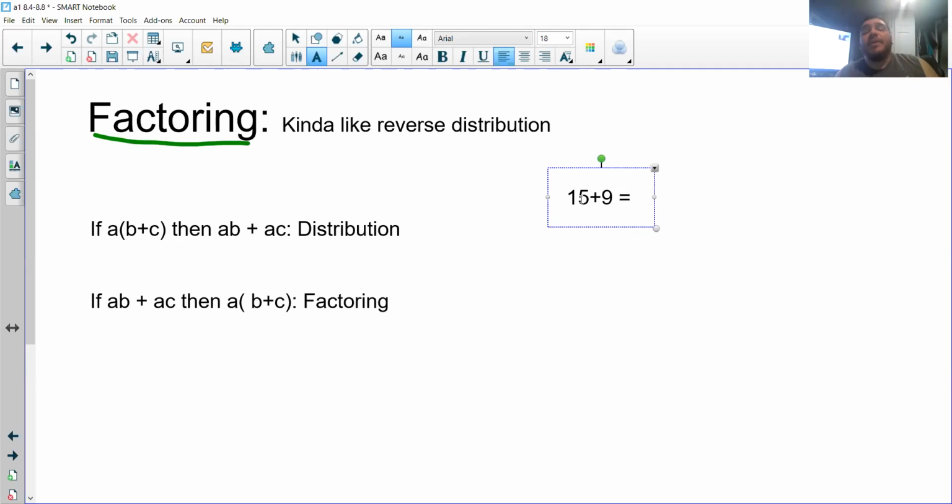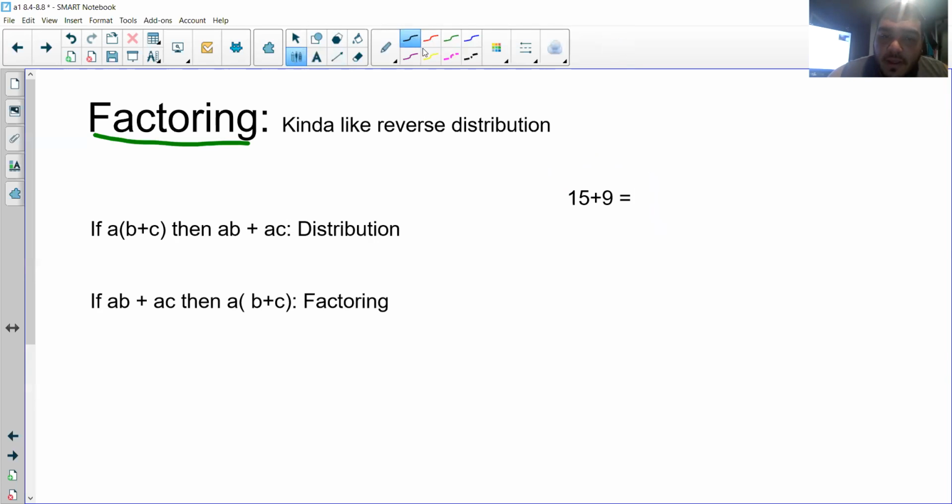What is in common between 15 and 9? Or in other words, what common factor do 15 and 9 have? They're both odd numbers, but particularly they're divisible by 3. So what I can do is divide out both of them with a 3 and put it in front.